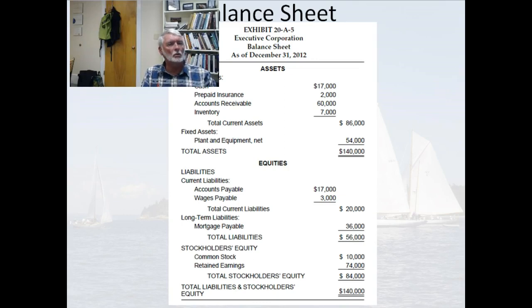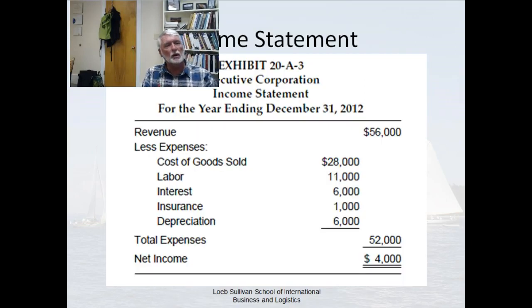And then we have stockholders' equity composed of stock and retained earnings, $84,000. So total liabilities and equity are $140,000, and total assets are $140,000. So that's your balance sheet. Income statement, we had revenue of $56,000 this year. We had a variety of expenses that added up to $52,000, and we end up with net income of $4,000.